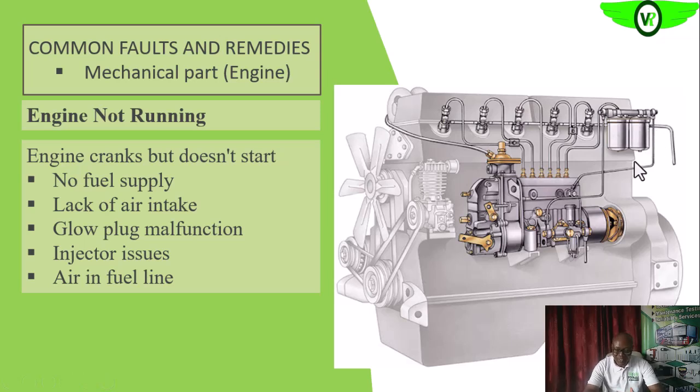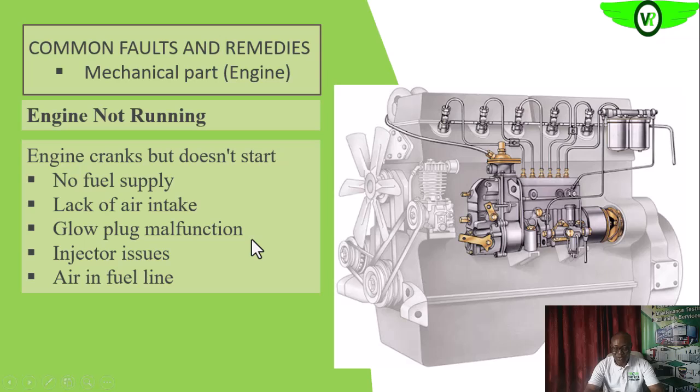So it means that the fault is downstream of the filter. So you ensure that there is fuel. Then if it is not taking air, you check the filter. If it is plugged, you change it out. Then you check the line to the induction manifold to see that it is free from blockage.